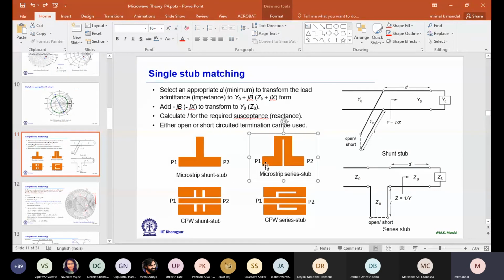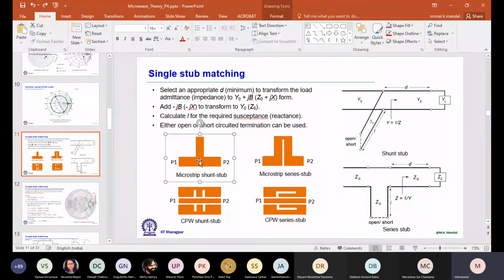So how to determine whether this is a shunt configuration or a series configuration? Basically, you look at this stub. Is this a 1-port device or a 2-port device? In the first one, we see it looks like a 1-port device, and one end is connected to the hosting transmission line.